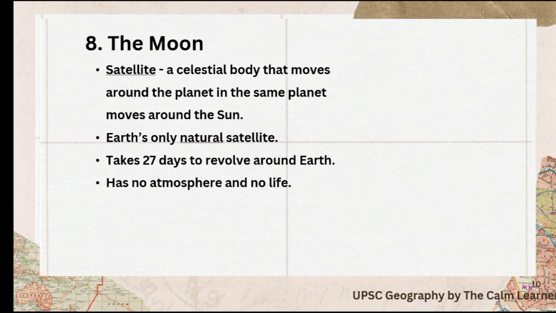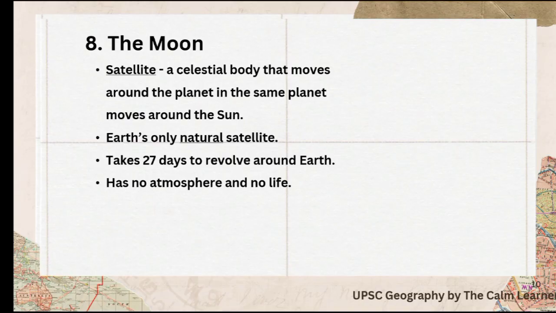So now let's move on to the moon. Before understanding the moon, let us understand what satellites are and how they are classified into natural and artificial satellites. A satellite is any object that revolves around a planet due to gravity. Satellites are broadly of two types: natural and artificial.